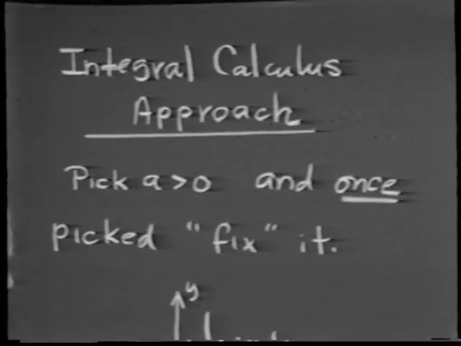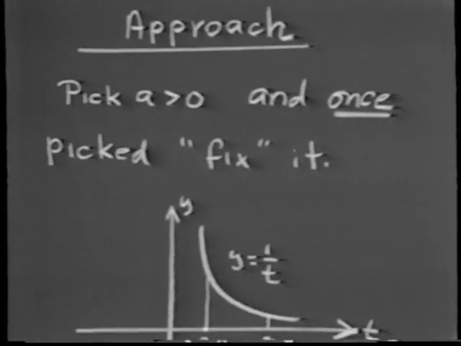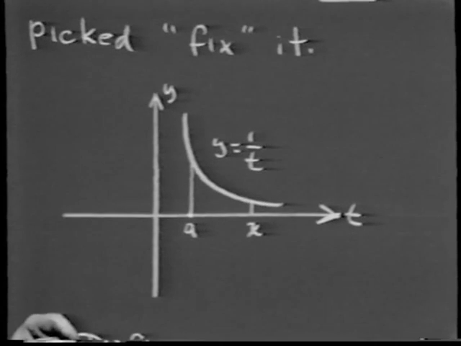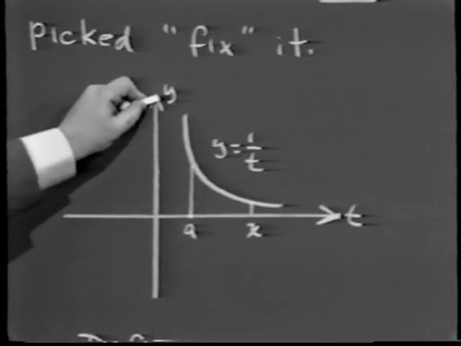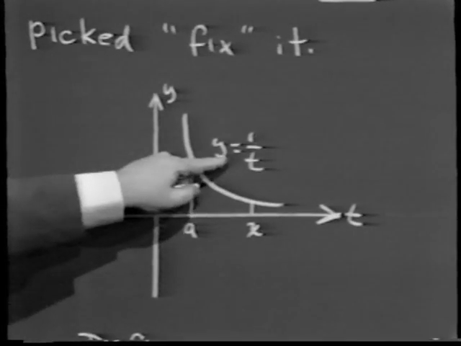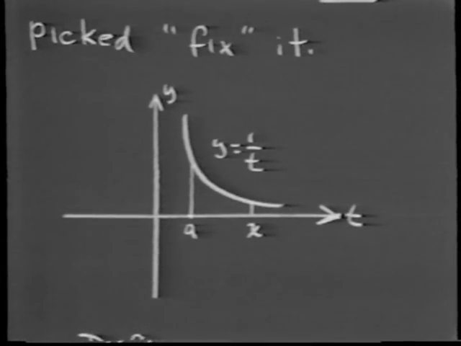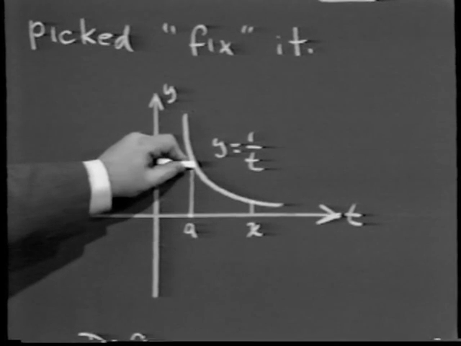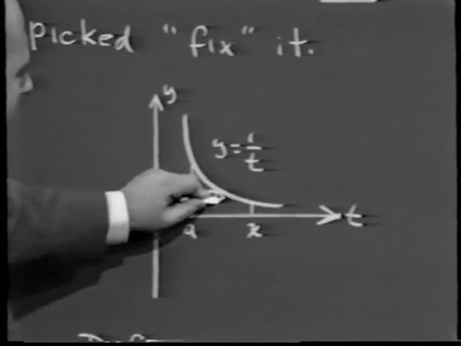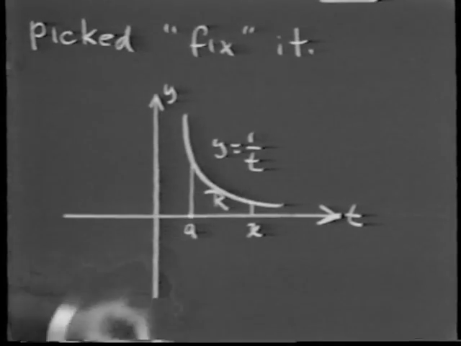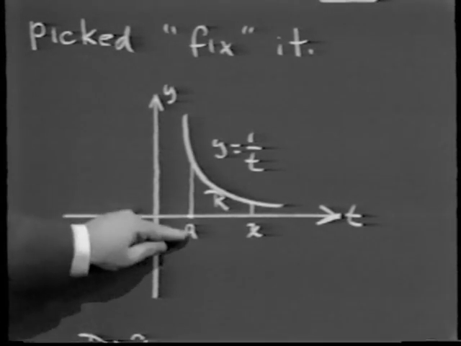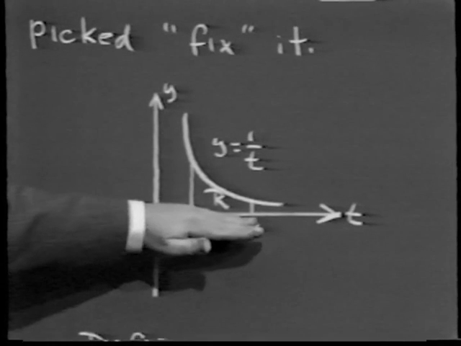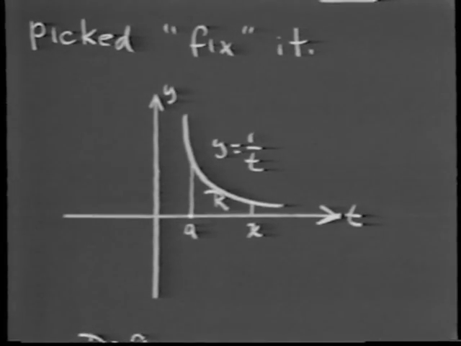You see, we have a great deal of freedom in how we choose the positive number a, but let's pick one and leave it here. Now what we'll do is in the yt plane, we'll draw the curve y equals 1 over t. You see, and what will we do now? We'll study the area of the region R, where R is bounded above by y equals 1 over t, on the left by t equals a, on the right by t equals x, and below by the t-axis.